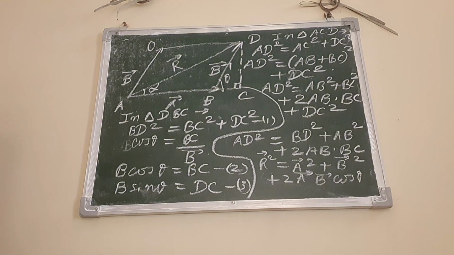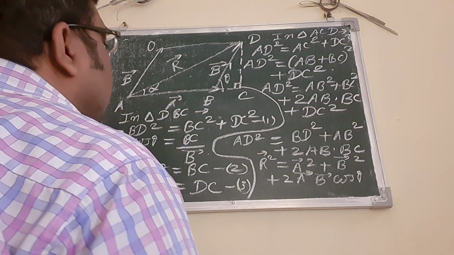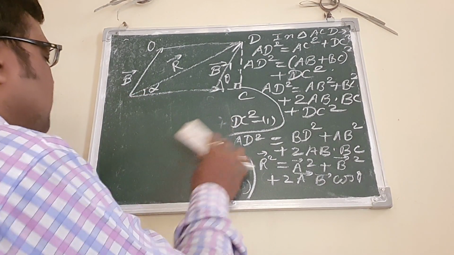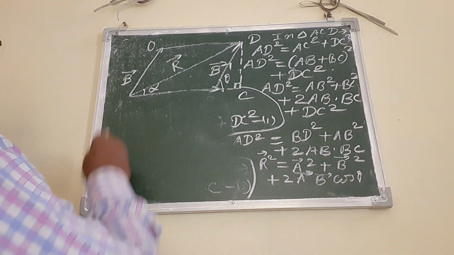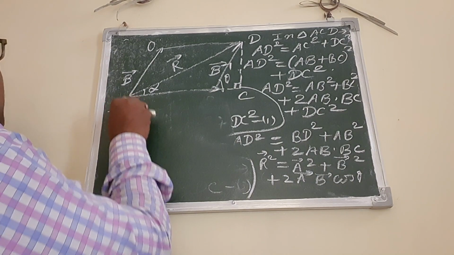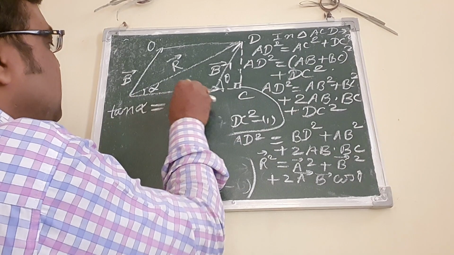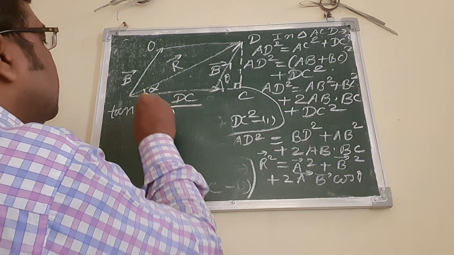So now we are finding it for alpha. So what will be alpha? Tan alpha is equal to the opposite side DC upon the base.